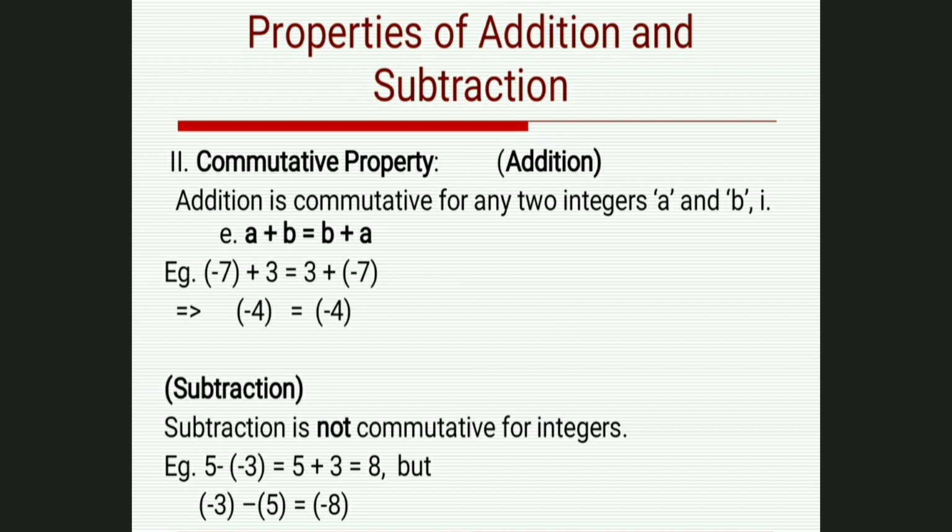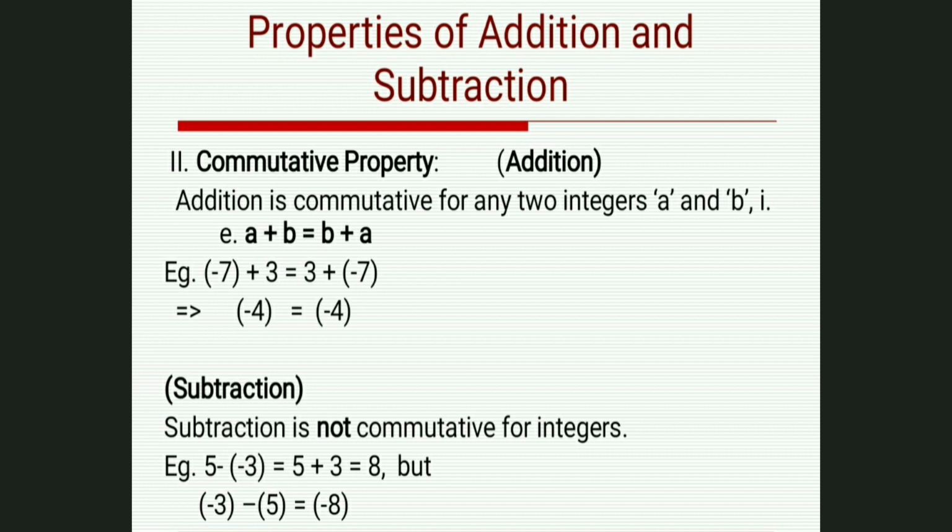That means for any two integers a and b, a plus b is equal to b plus a. Let us understand this by one example, that is -7 plus 3 is equal to 3 plus -7.